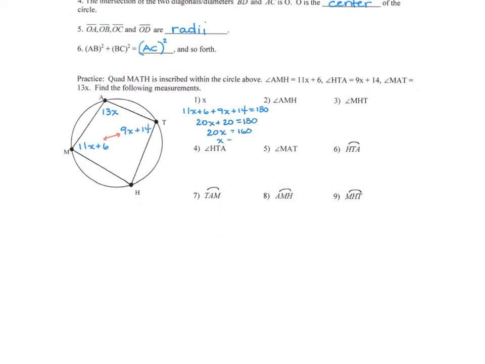So x equals 8. If x equals 8, that means angle AMH is 11 times 8 plus 6, or 88 plus 6, which is 94 degrees.